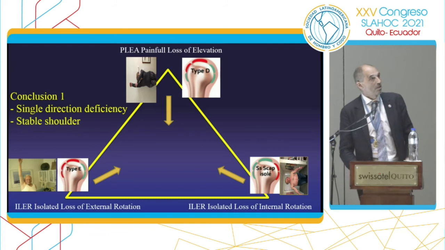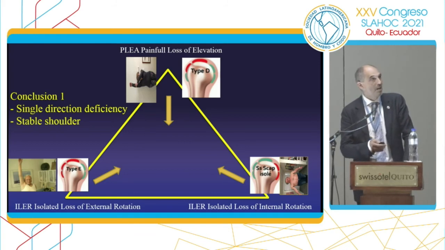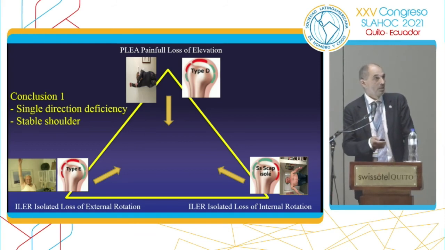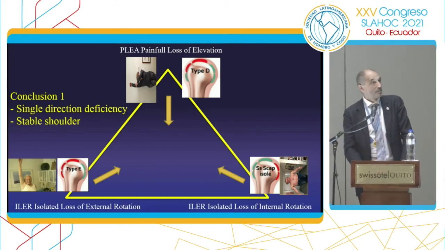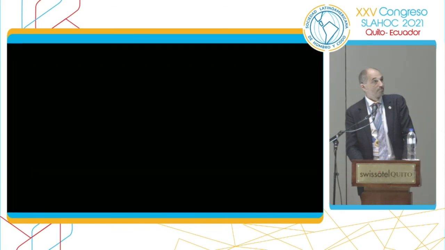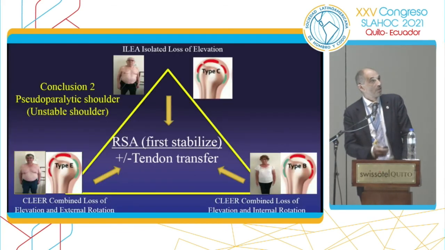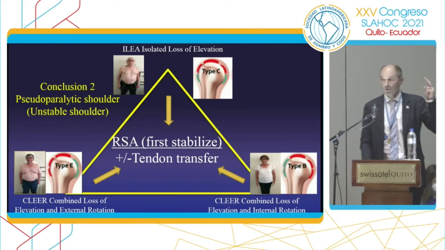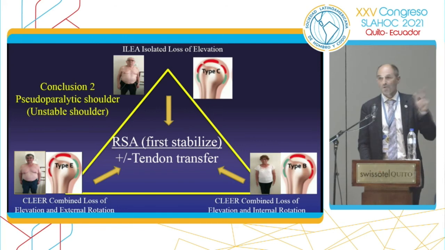You can make a tendon transfer, and if the shoulder is stable, you just make an isolated tendon transfer. And you have two directions. If your shoulder is unstable, for me, you have to make a reverse plus or minus a tendon transfer. This is what you have to remember today.